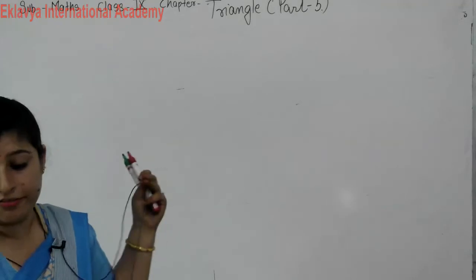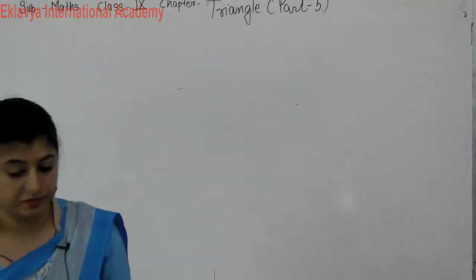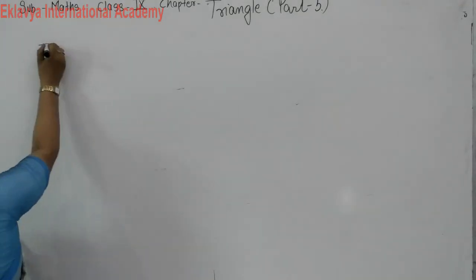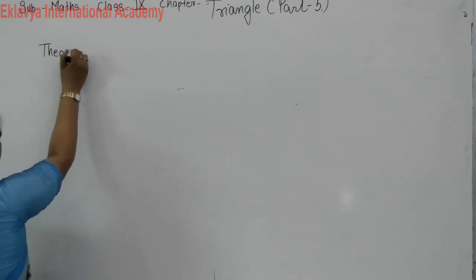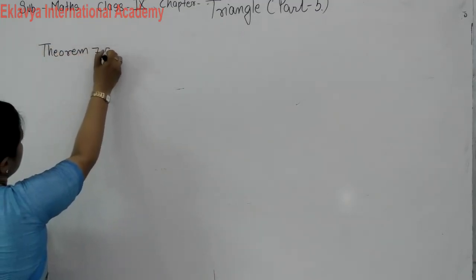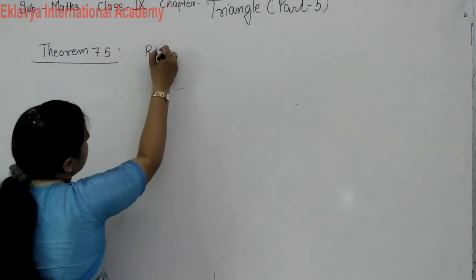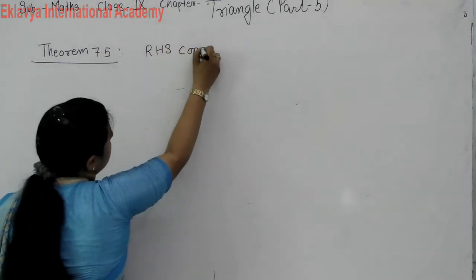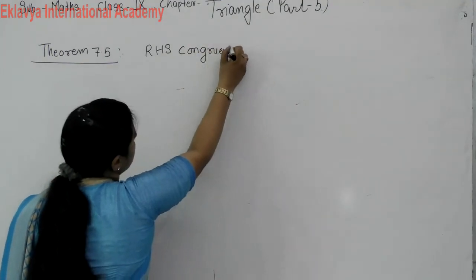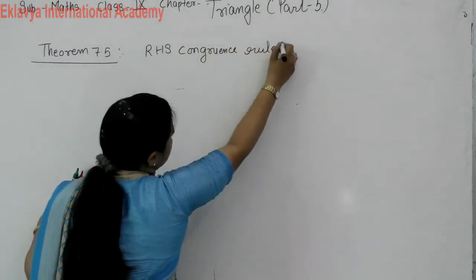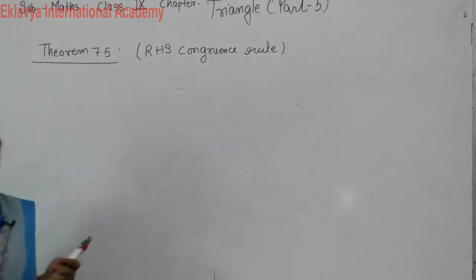Theorem 7.5. That is the RHS congruency rule. What is the meaning of RHS?